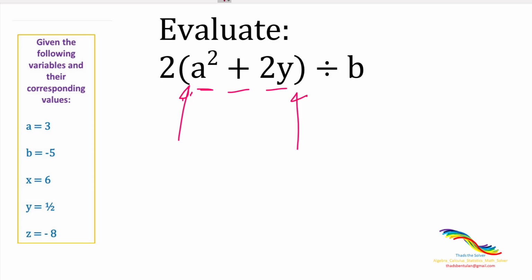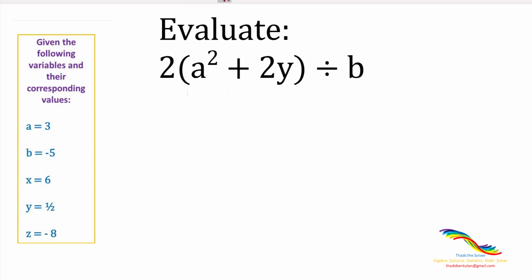Inside the parentheses, there's also a hierarchy. You apply PEMDAS: the exponents first, then the multiplication, and then the addition. So it's a hierarchy within a hierarchy, or an order within an order. Simply put, you do the parentheses first. You simplify the terms inside the parentheses.